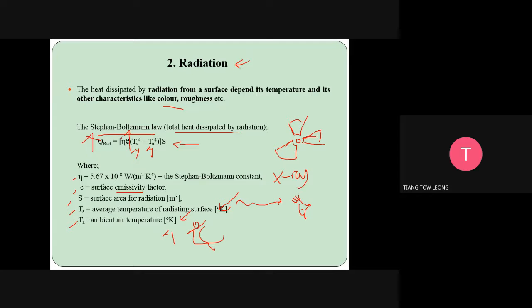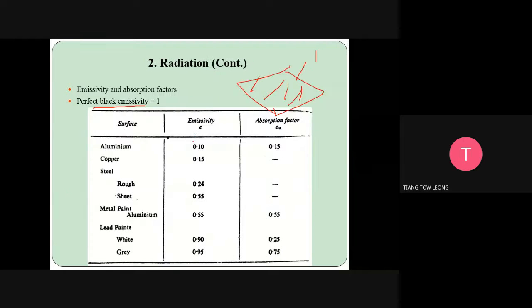Kereta hitam lebih senang dissipate heat daripada kereta putih. For example, white is quite near. Emissivity: aluminium, white, gray. Let's say black is 1, then white is 0.9. So if we use a white car and a black car, the black one dissipates heat better because of the emissivity.